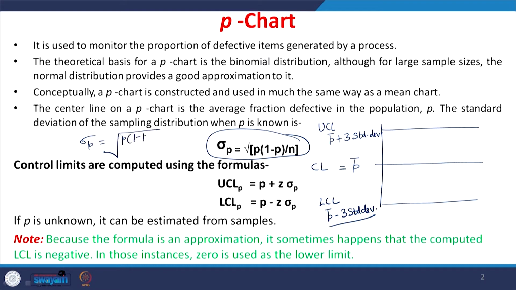This gives you the standard deviation of the P value, and plus or minus 3 standard deviations will give me the upper and lower control limits. Now, how are we going to determine these values? Let us understand this with the help of one example.